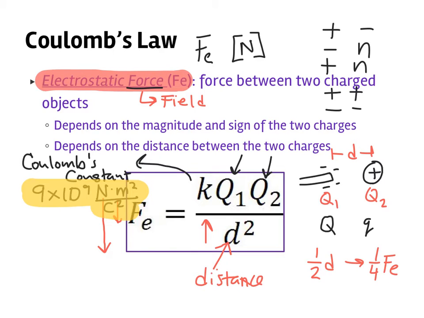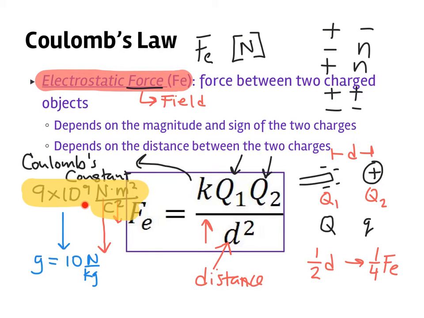Here's what I like to relate this to. It's not the same, so don't get confused, but this is very similar to gravity, because remember, gravity is another one of those field forces. This is similar to the variable g, which is about 10 newtons per kilogram. I don't want you to compare these values as is, because it is a little different, but I do want you to compare the magnitude: 10 versus 9 times 10 to the 9th.